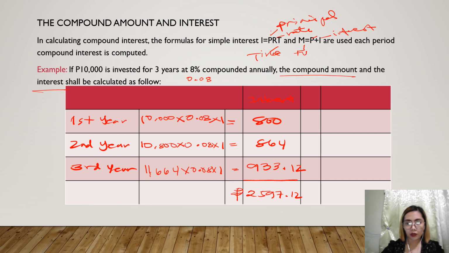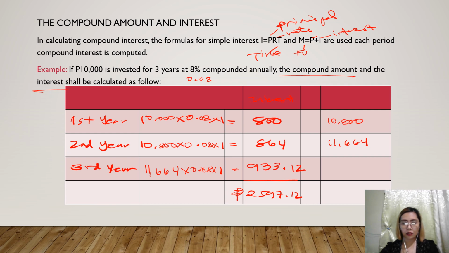So, yung 10,800 tapos yung 11,664, i-add lang natin. So, plus lang natin yung kanina na 933 dyan. So, magiging 11,664 plus 933.12.